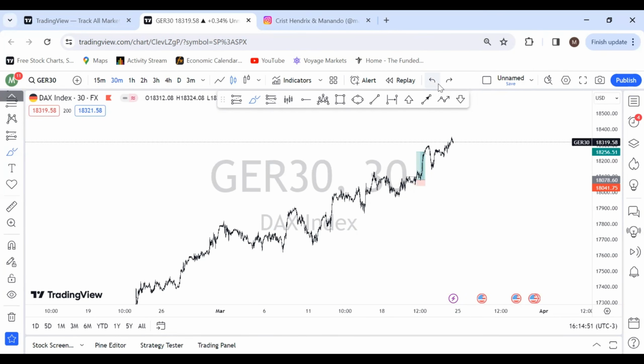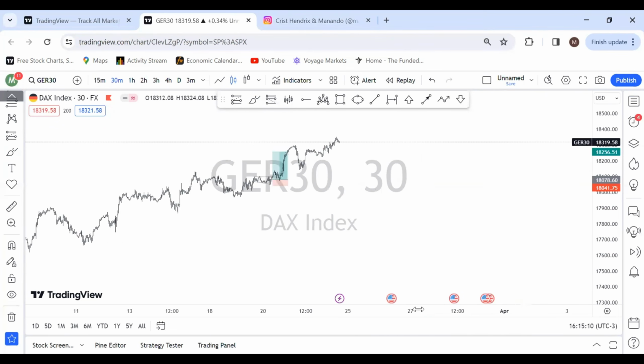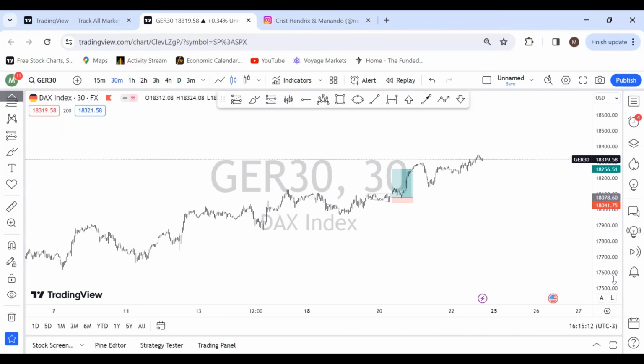Once again, this could discourage you as a trader. You could think these are the worst market conditions you could get involved in. But there's still opportunities within these conditions. So let me zoom into where we took our trade.